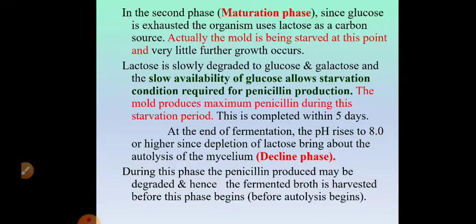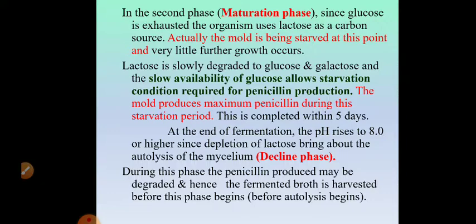But at the end of fermentation, the pH rises to 8 or higher, since depletion of lactose brings about autolysis of the mycelium. This is called the decline phase, because during depletion of lactose, pH rises to 8 or more, which brings about the autolysis or lysis of mycelium.